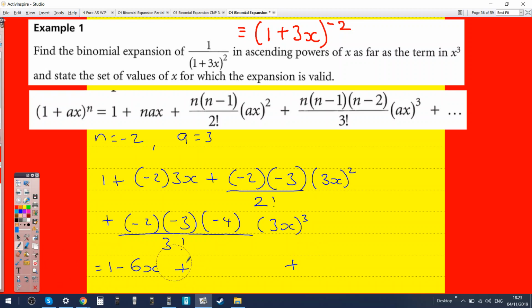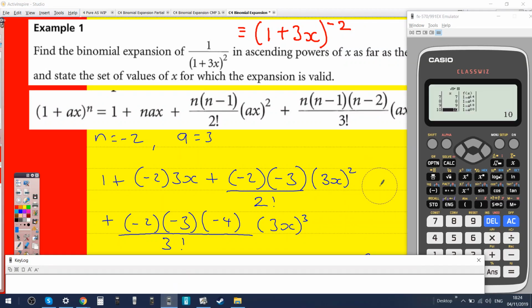For the third one, is it 27x cubed? Yeah. What was the second one? 6 over 2 9x squared. What is 6 over 2 9? That is 3. Yeah. 3 times 9, which is 27x squared.